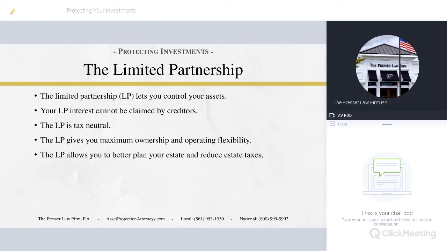The limited partners have no control and therefore no liability for anything that happens with that partnership. So if you are the general partner of a limited partnership and that partnership owns an asset and something goes wrong with that asset, then the general partner would hold personal liability for anything that went wrong with the partnership.